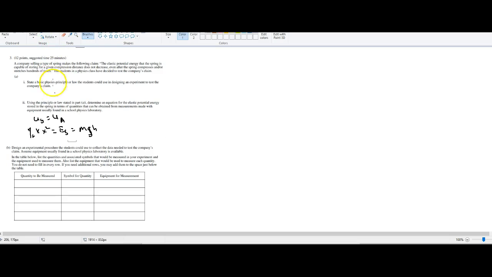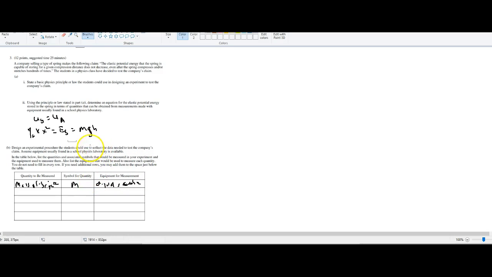Okay, so I'm going to need to measure mgh, right? M, a mass of the brick. I'm going to call it brick. My symbol is going to be M, and I'm going to use a digital scale, because I'm lazy. I don't want to use one of those fancy scales.